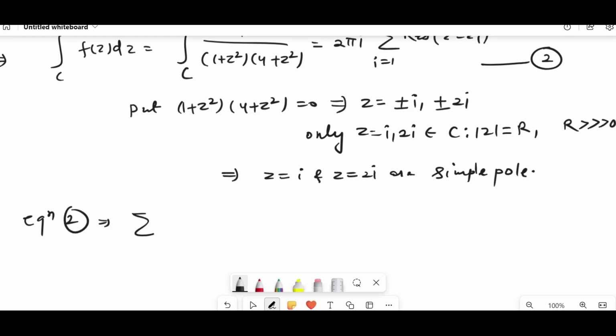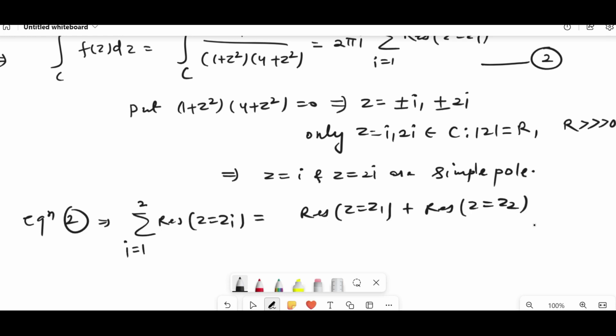the sum of the residues, i equal to 1 to 2, residue at z equal to zi, that is residue at z equal to z1 plus residue at z equal to z2. The first z1 is z equal to i, second is the residue at z equal to 2i.